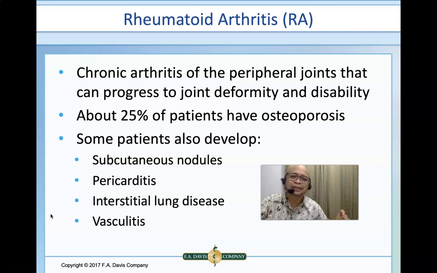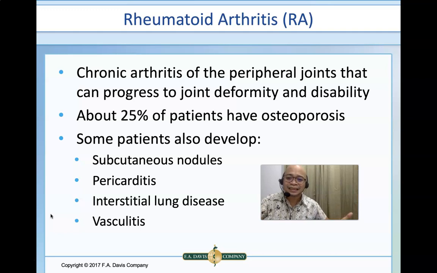Unfortunately, about 25% of patients with rheumatoid arthritis may develop osteoporosis. Osteoporosis means that the bone of that person becomes very porous. So it means na magiging mahina na yung bone niya. And the majority of patients with rheumatoid arthritis are actually females.